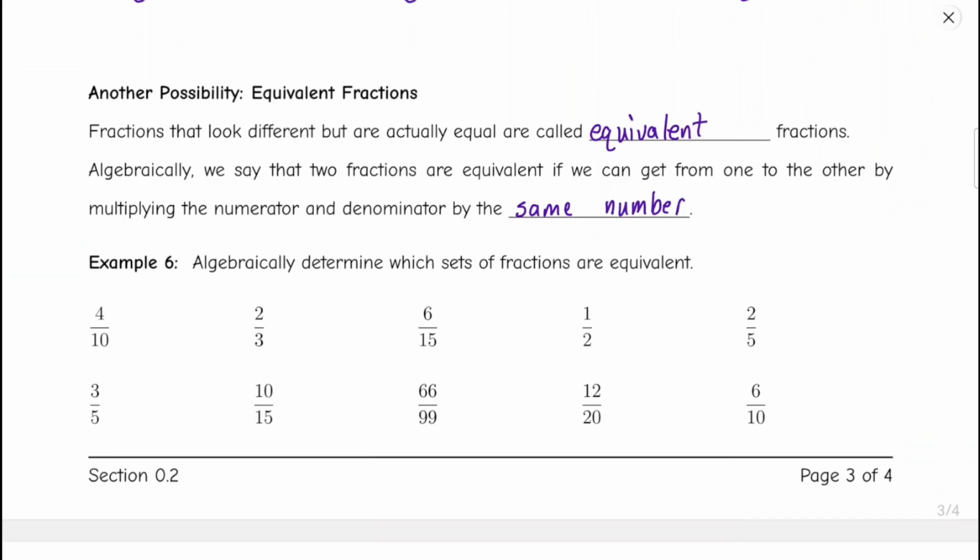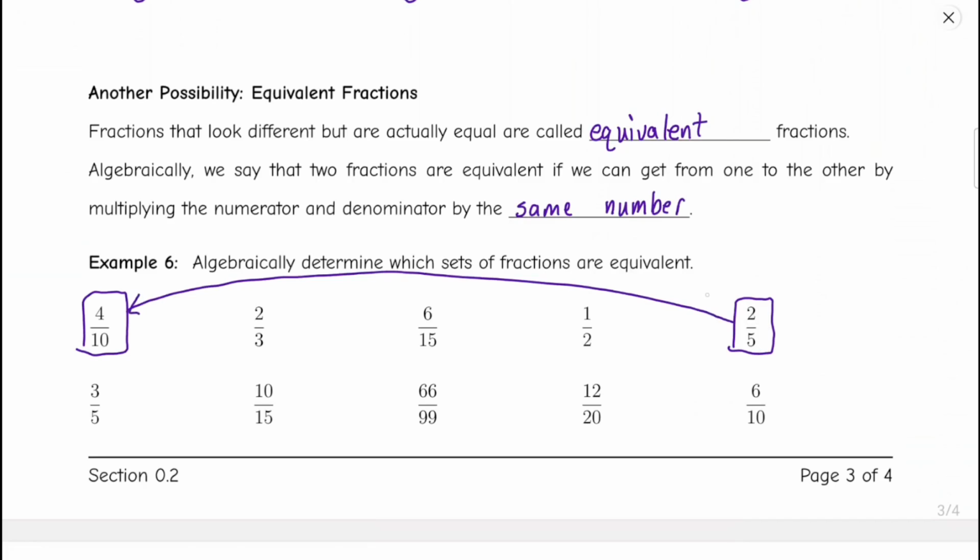So I'm just going to start left to right, find a fraction that is equivalent to 4/10. Well, 4/10 and 2/5 are equivalent because if we multiply 2/5 by 2/2, that's what will give us 4/10. 2/3.